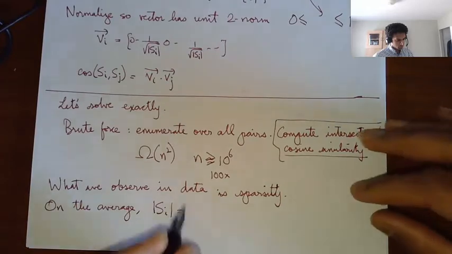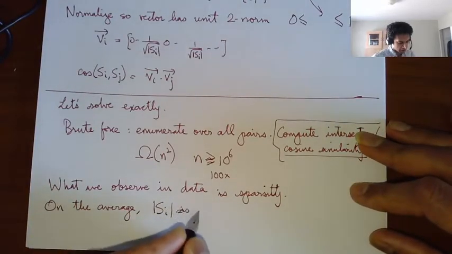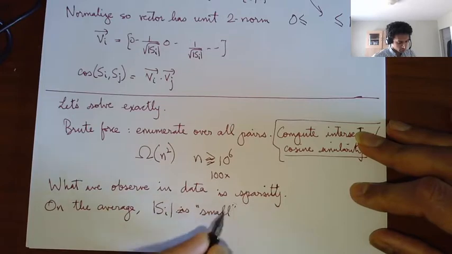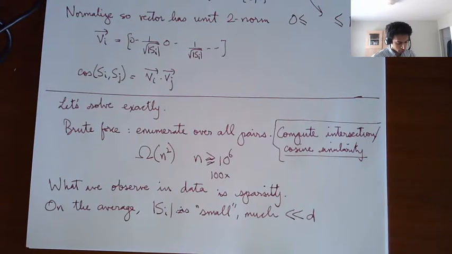So on the average S_i is small, which means it's much smaller than D. And so, can we exploit this property for solving this problem?